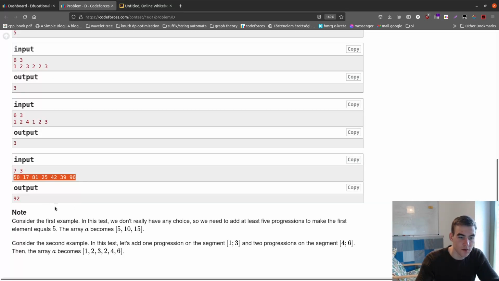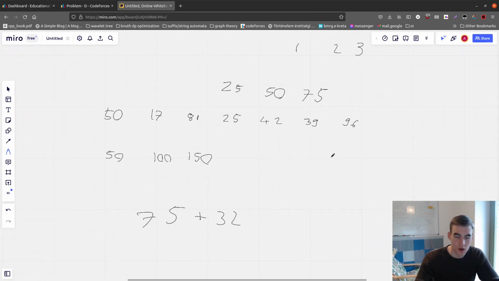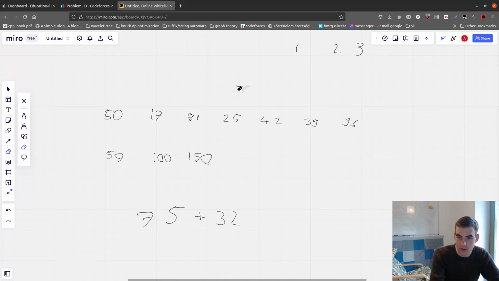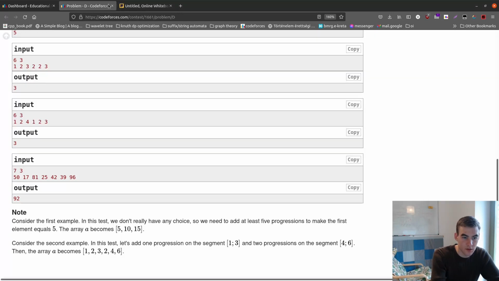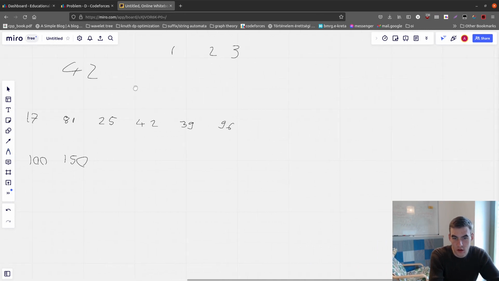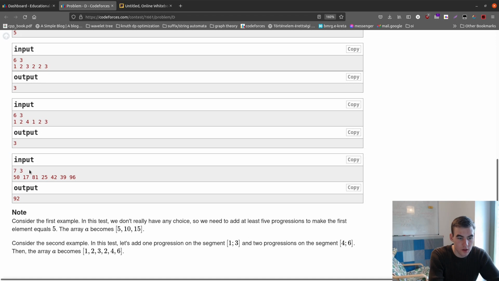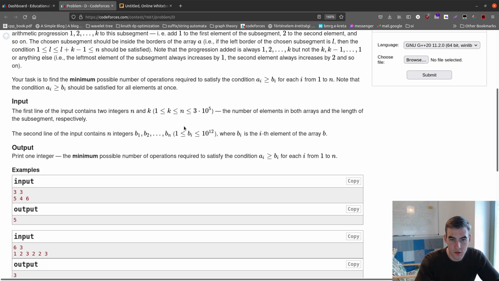That's 107, and that's larger than 92, so I can do it faster. After the initial 50, how many do I have left to increase? I have out of, wait, it's 92, so I have 42 increases. And it's still of length 3.